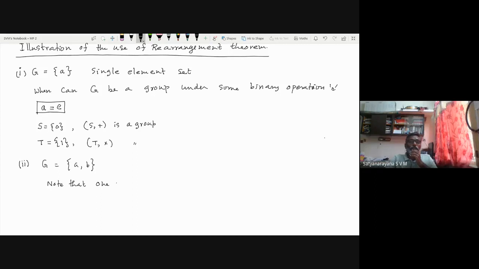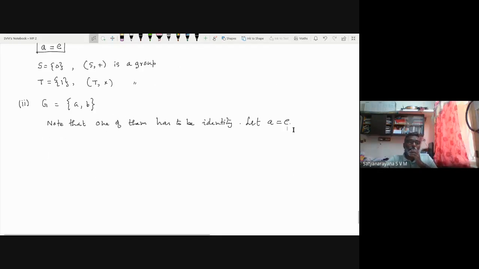So let us say that A is equal to identity. Now what should B be?